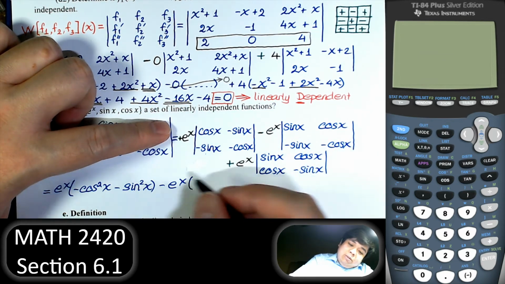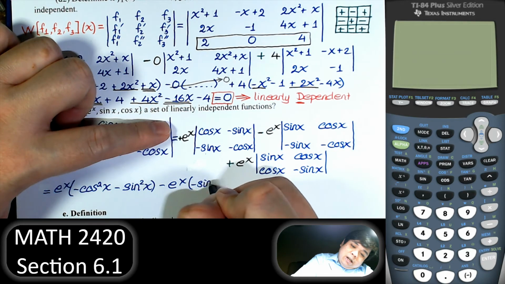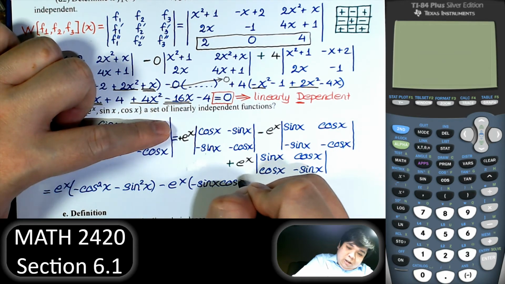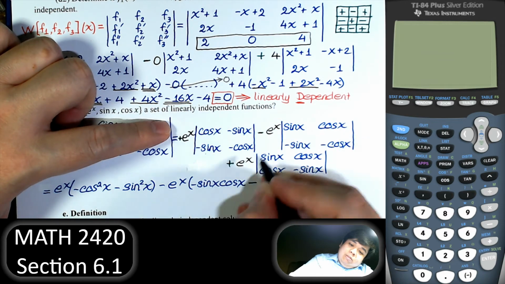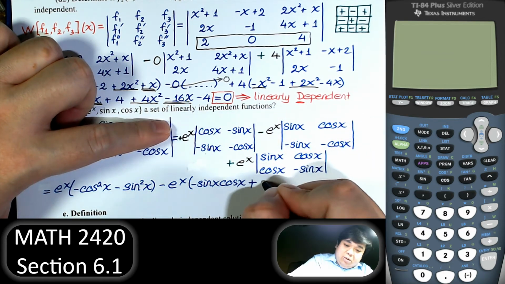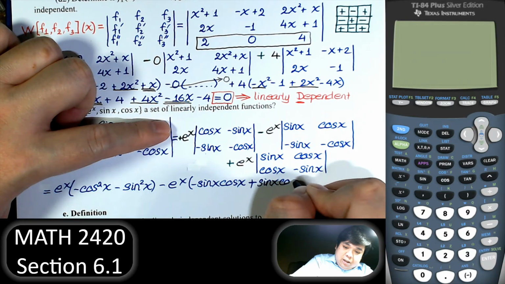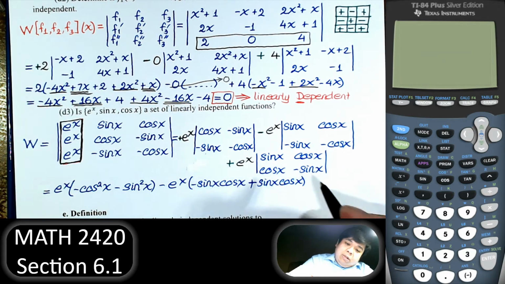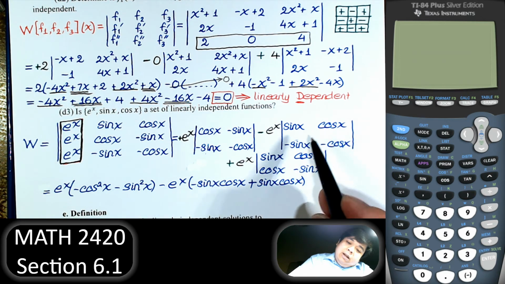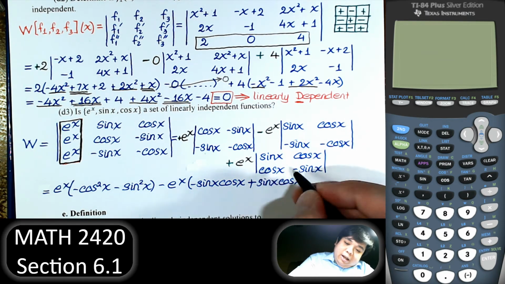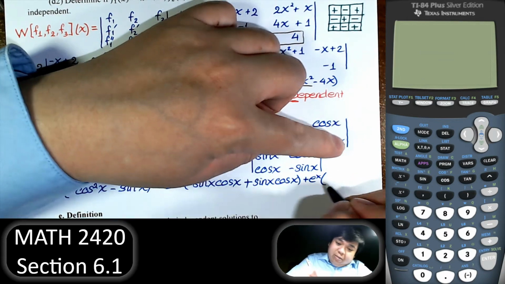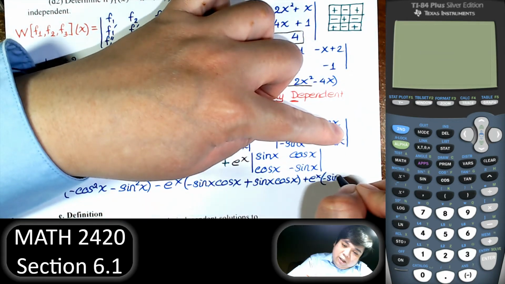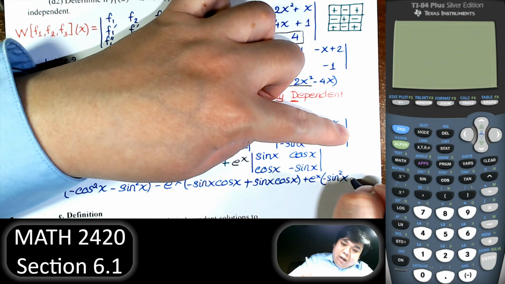Sine times negative cosine is negative sine x cosine x, but that direction is negative, so we're going to plus sine x cosine x. And then plus e to the x. Sine times negative sine squared, negative cosine squared.